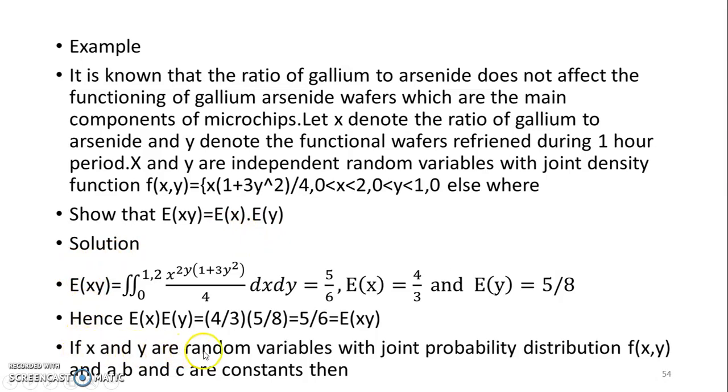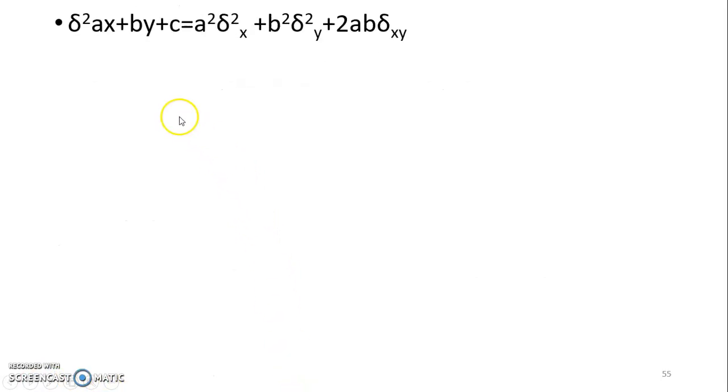If X and Y are random variables with joint probability distribution f of x, y, and a, b, and c are constants, then the variance of aX plus bY plus c is equal to a squared variance of X plus b squared variance of Y plus 2ab covariance of X, Y. Remember, this is the variance of a linear combination, which is aX plus bY plus c.